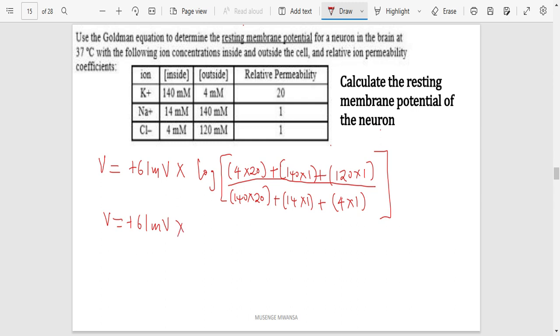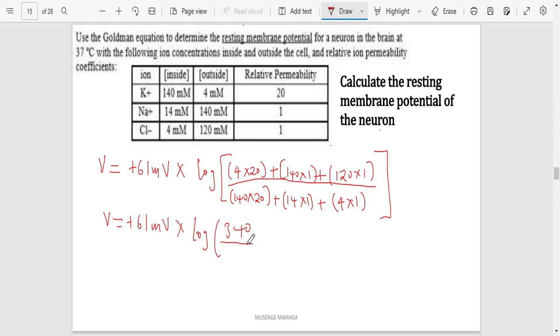So what am I going to start with? I'm going to say 4 multiplied by 20, that is 80. And then that will be 80 plus 140 by 1, that is just 140. Then plus 120, that is going to give us 340.